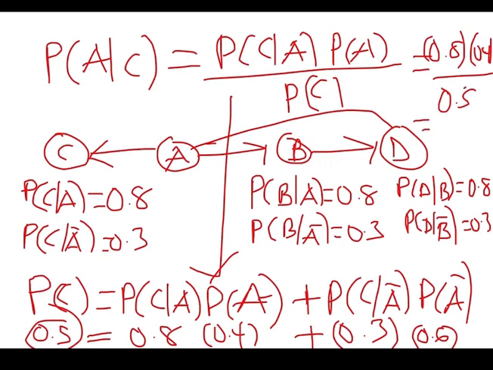So by the time you compute that, your answer is going to be 0.64. Don't forget, we found the probability of C that time. C was a total probability, right? Okay, I think that is done now. That's how we go about that.